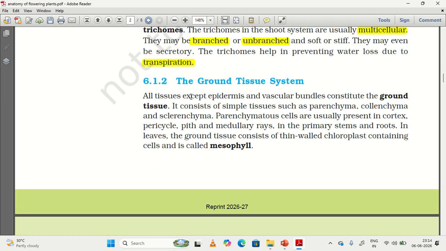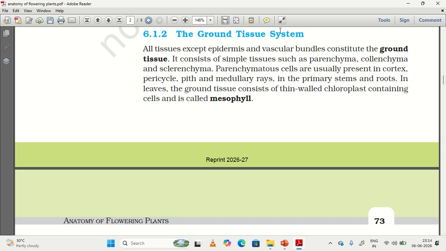The next tissue system is the ground tissue system. After the epidermal tissue system, we have the ground tissue system. All the tissues except the epidermis and the vascular bundles constitute the ground tissue system.